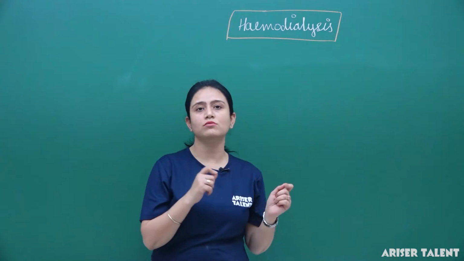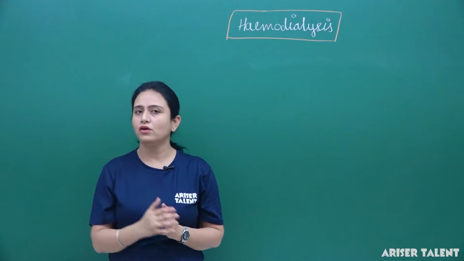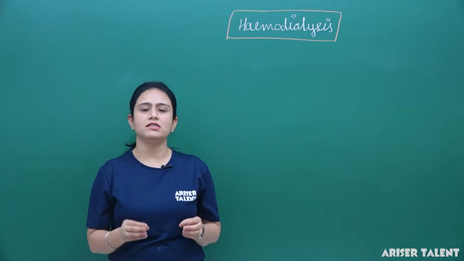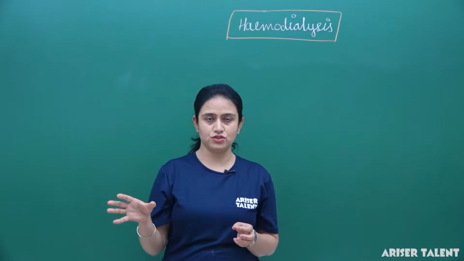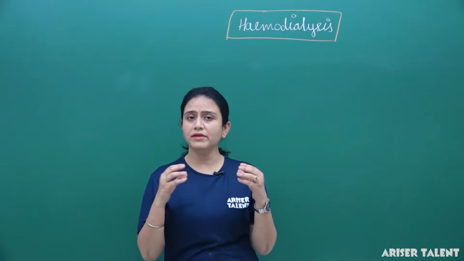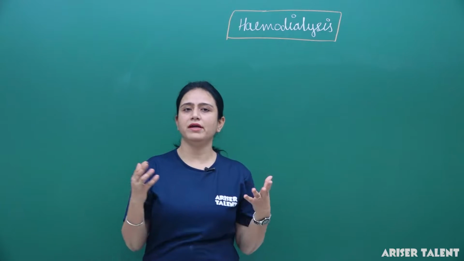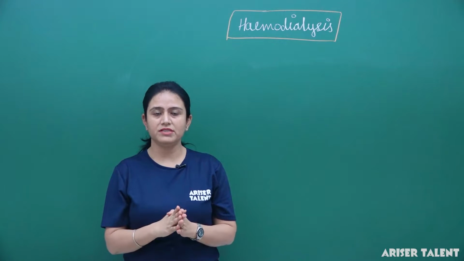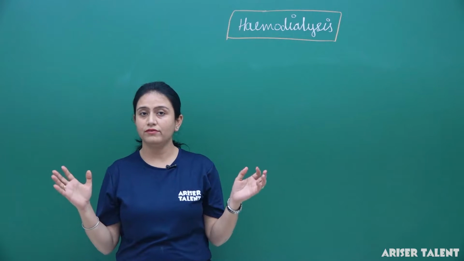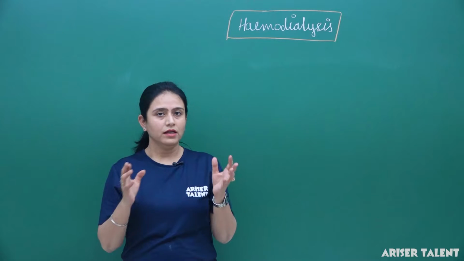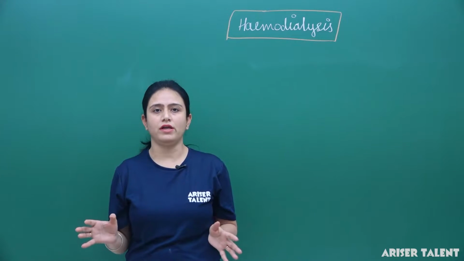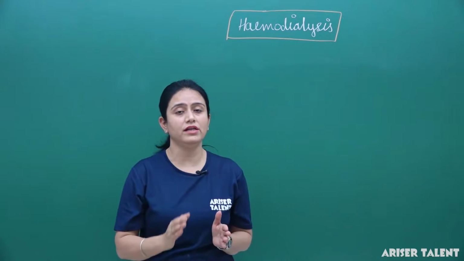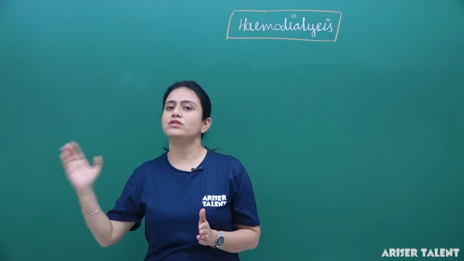If by any case these kidneys get damaged, maybe by infection or by any injury, or the kidneys fail, then it is hard for a person to survive. Got my point? I mean to say that kidney failure can lead to death.